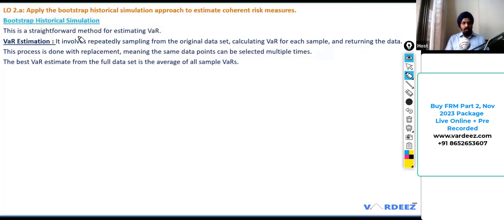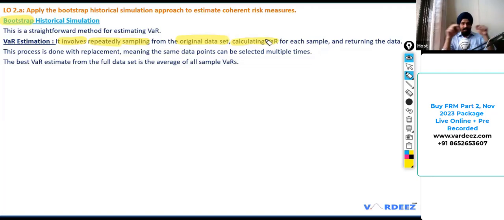Over here, we apply the concept of bootstrapping. It involves repeatedly sampling: you take samples from your original data set. For each of the samples, you calculate the VaR. Let's say you have 1000 data points and you take a sample of about 100 data points.